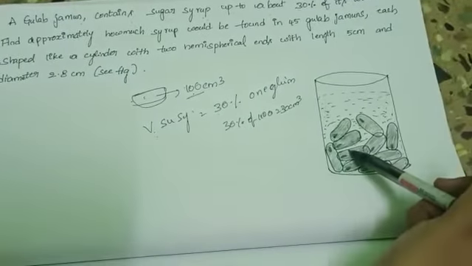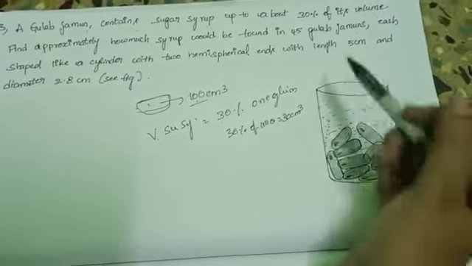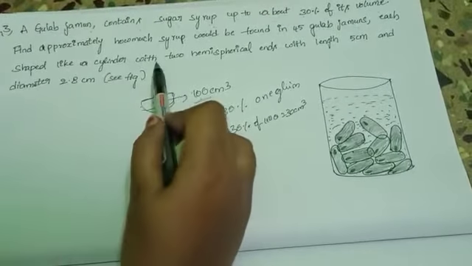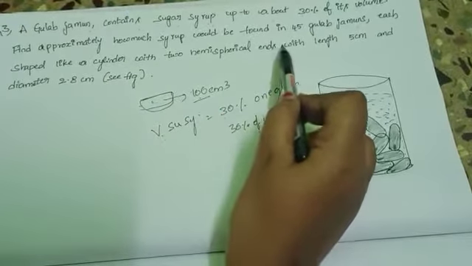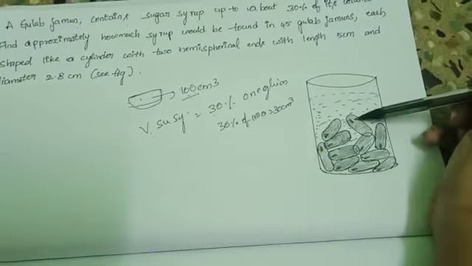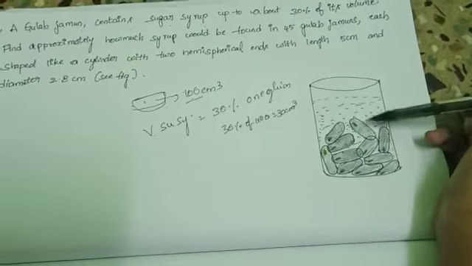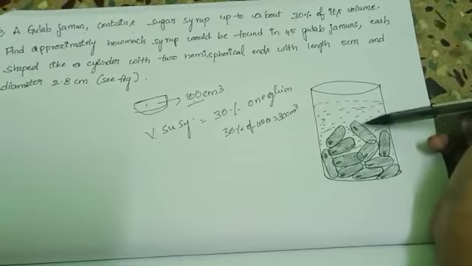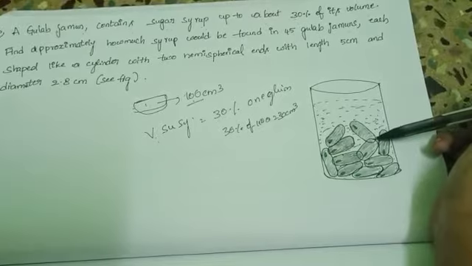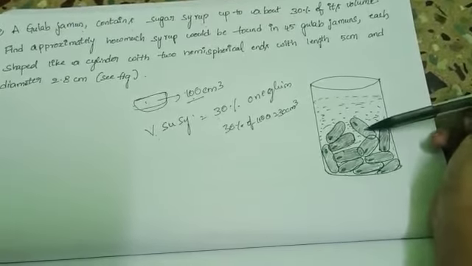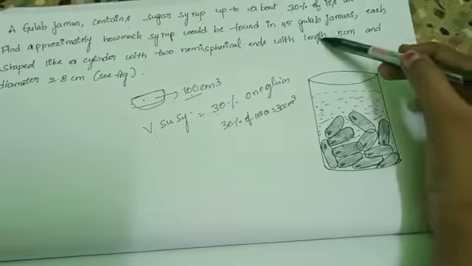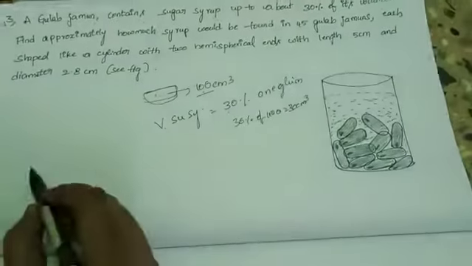Here we have 45 gulab jamuns, each shaped like a cylinder with two hemispherical ends. See this gulab jamun? The shape is a cylinder, and its ends are hemispherical. A cylinder with two hemispherical ends, with length equal to 5 centimeters.